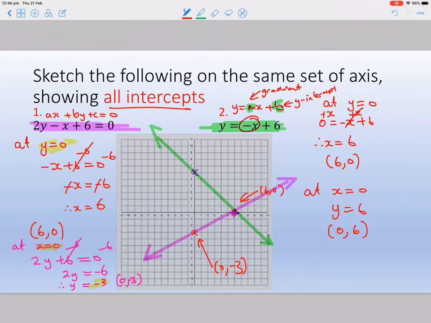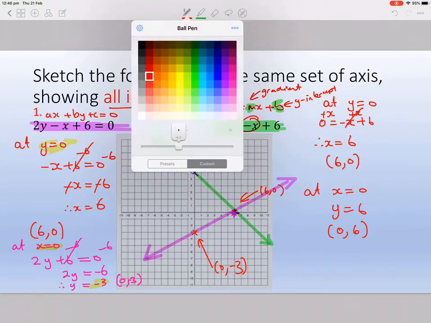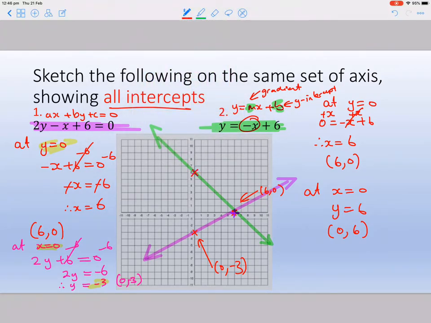Which is true, because see, it does cross the y-axis here at the y value of 6. Okay, so that's pretty cool.